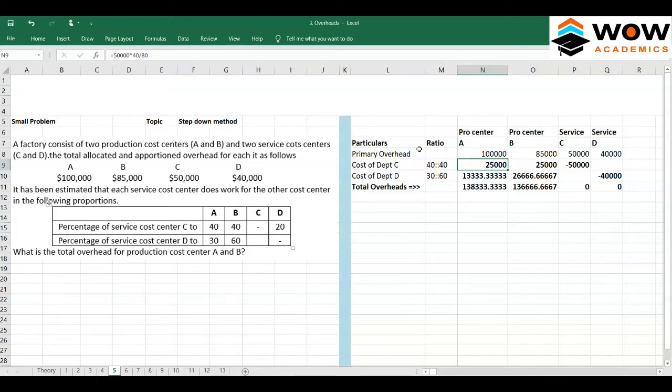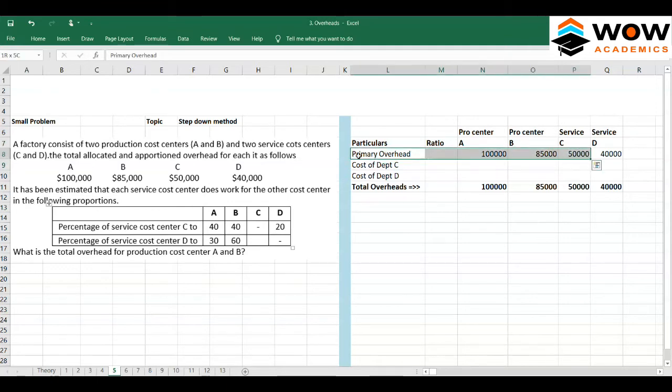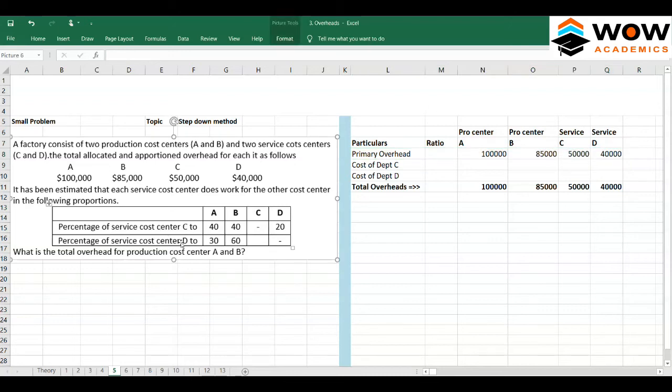In the step down method, what we first do is allocate the service center cost which allocates to many departments. C gives its service to 3 departments, but D gives it only to 2. Earlier you had 4 costs, which you cut off to 3 costs, then you cut it off to 2 costs. So first we have to cut off department C.